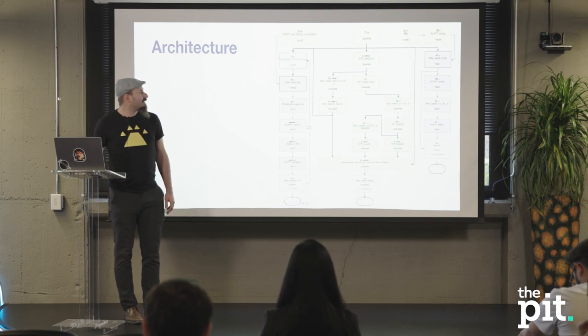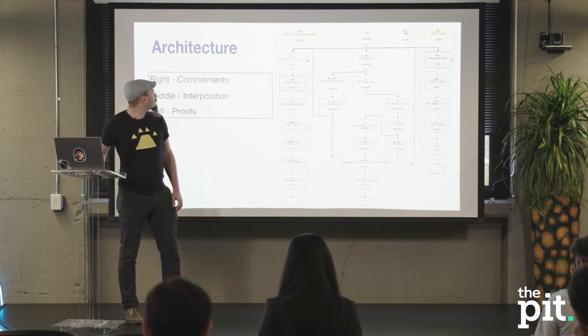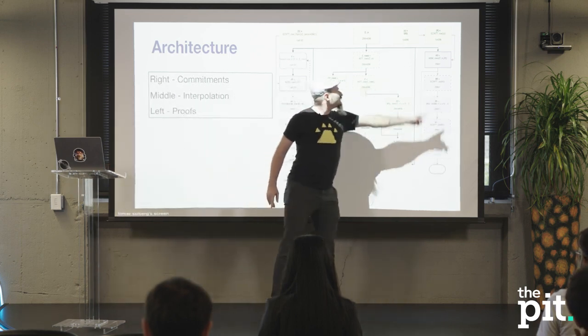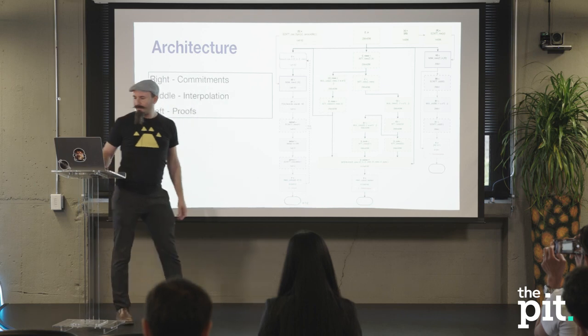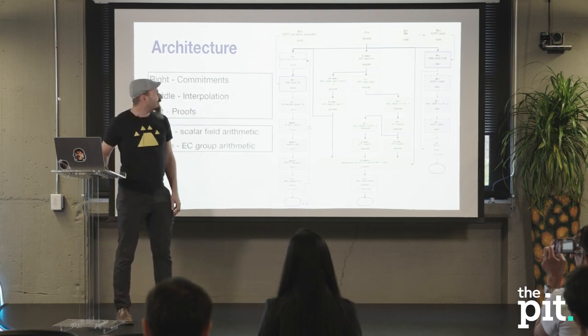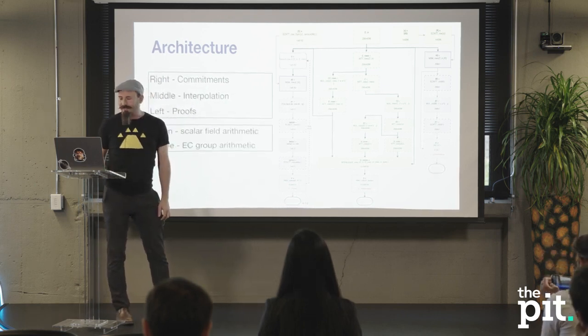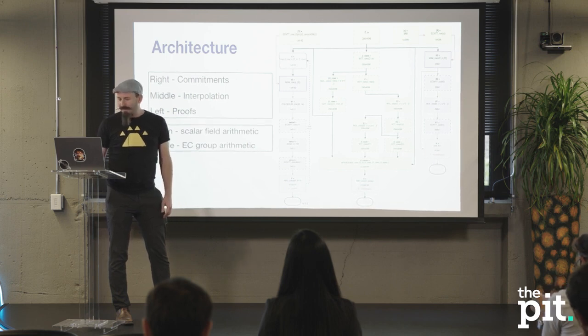So this is our architecture. You can see the three branches: the commitment branch, the interpolation branch, and the proof branch. The color coding tells you whether we're dealing with scalar field arithmetic or elliptic curve arithmetic.